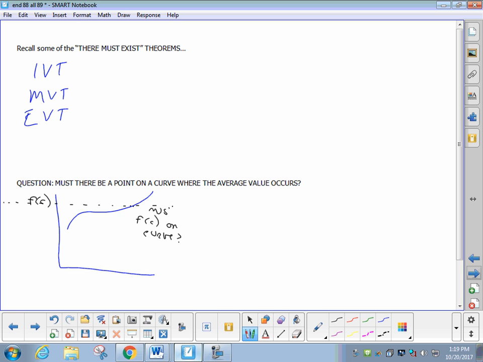It's continuous. Why would that be? Give me an example why that would fail. Give me a famous function that you covered last year that might have an average value, but the curve's not there. One over x. Wow, that might be good.